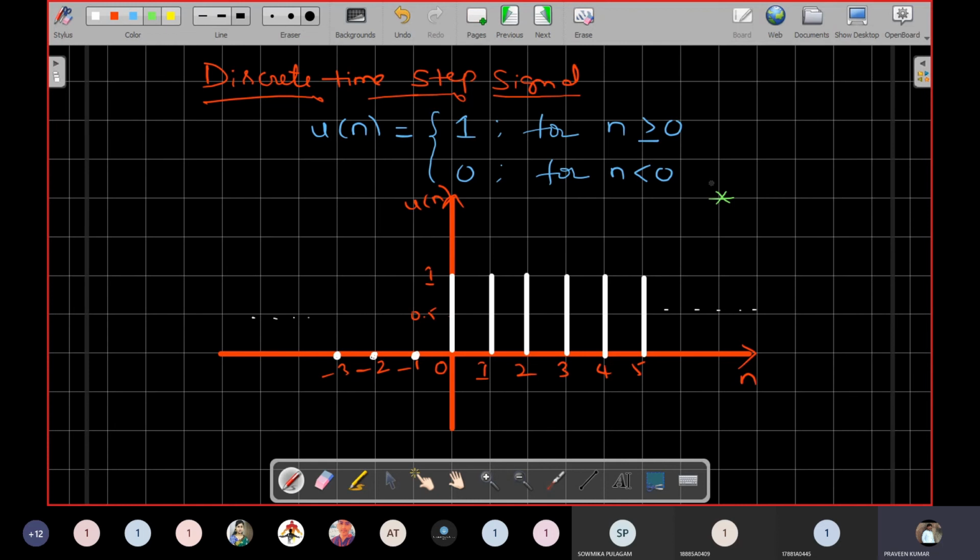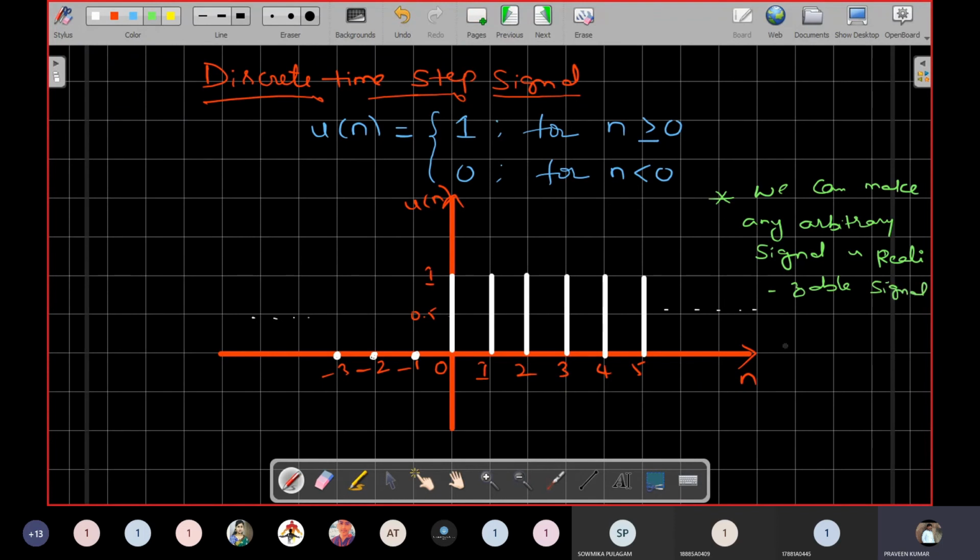You can make any arbitrary signal a realizable signal by using this step signal, simply by multiplying any arbitrary signal with the unit step.